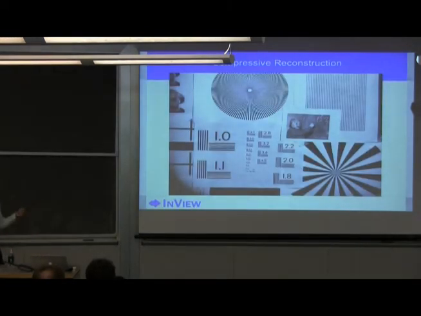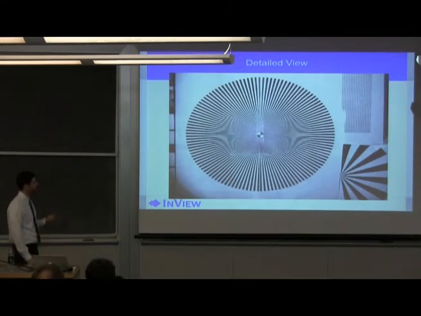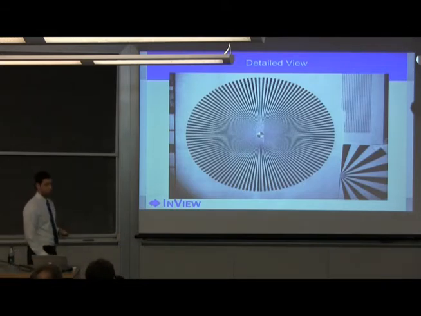This is from the InView 210, which is the prototype that I showed earlier. And these images are undersampled by a factor of 10 to 1. So we've only taken one measurement for every 10 pixels in the image. And you can see that you can actually get back fairly good image quality. Here's a detailed view of the image. We can actually get back pretty fine-scale details using a relatively small number of measurements, much smaller than you would if you were to sense in the pixel domain.